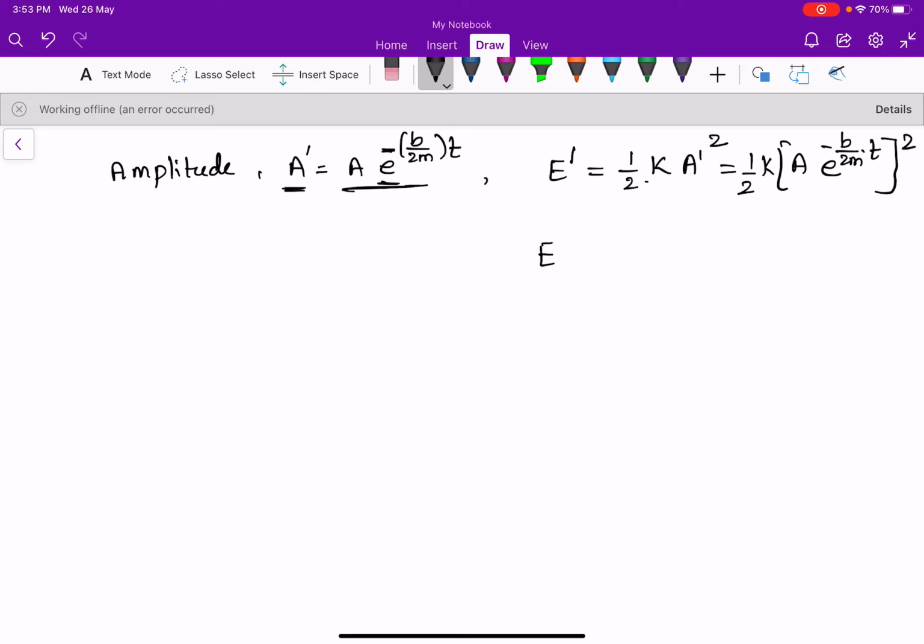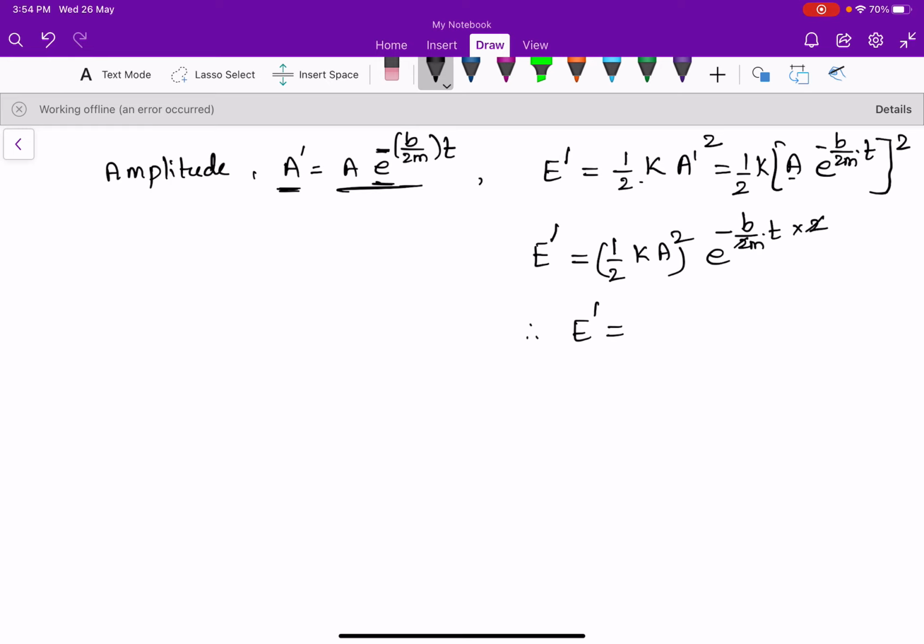Therefore, we get energy in the damped case, E dash, equal to half K A square into e power minus b by 2m into t whole square, meaning into 2. These 2 and 2 get cancelled. Finally, we get E dash, energy in the damped case, equal to half K A square, which is the energy in the undamped case, E naught, into e power minus b by m into t.